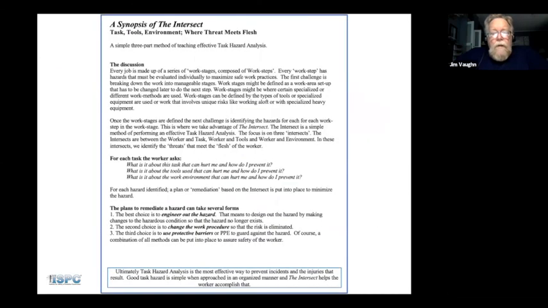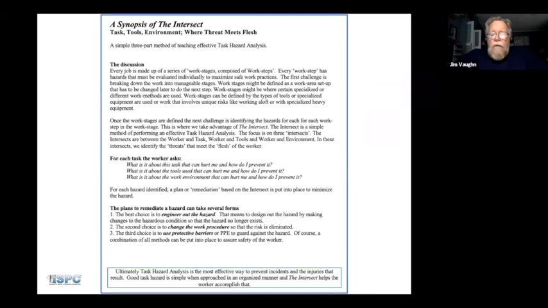I will send you this page right here. Now, we do have a full booklet that's part of our training. Typically, when we do hazard analysis training, it's about 12 or 14 pages, and it has a much more detailed look at how to do a walkthrough and hazard analysis and stuff like that. But if you are interested in putting the Intersect to work for you, you just heard the explanation.